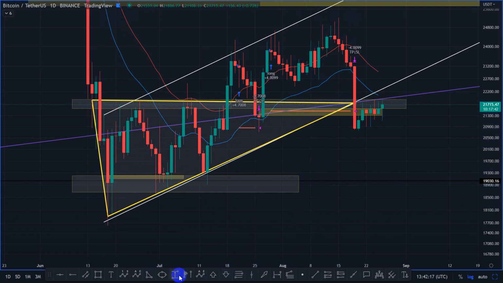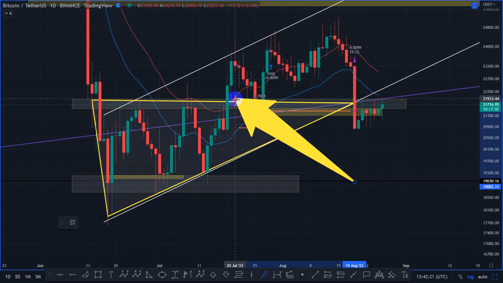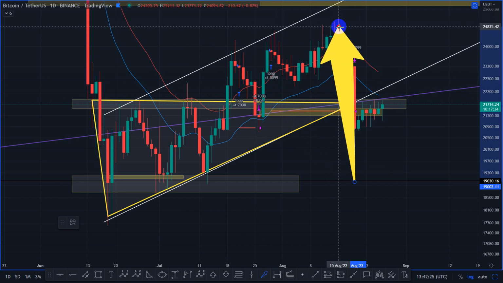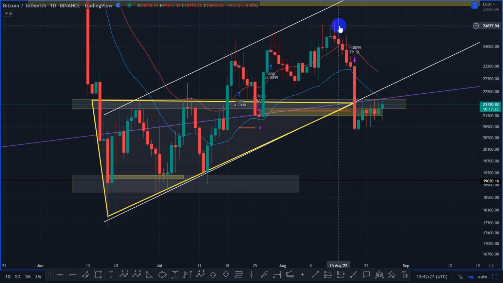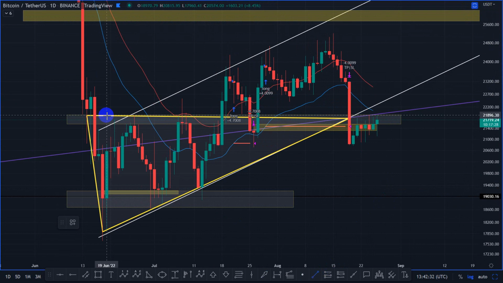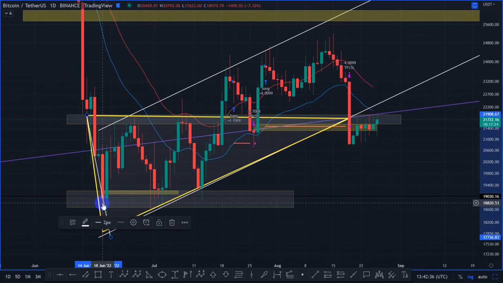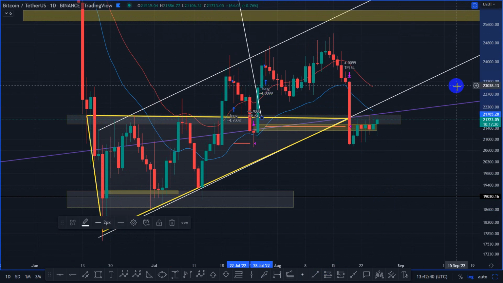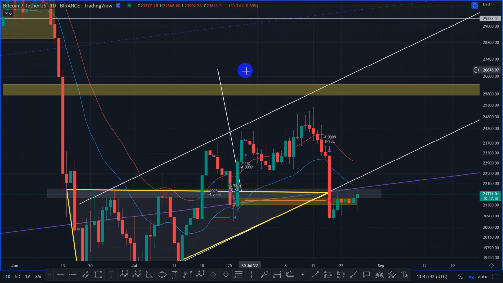A lot of people said that it got broken, retested, and now it's going to go higher. And what is the potential target for the ascending triangle? It's actually the length of the triangle. So if that were to play out, Bitcoin would have to go somewhere over here, but it didn't go that far.